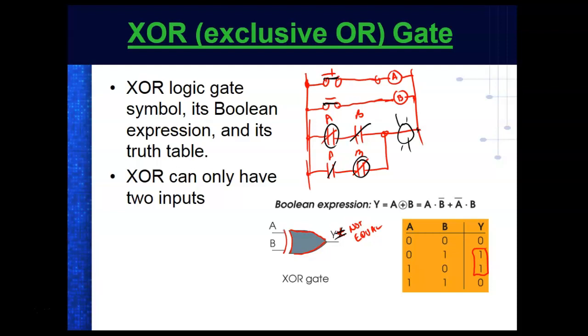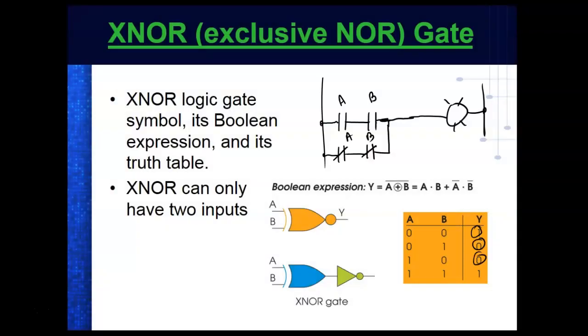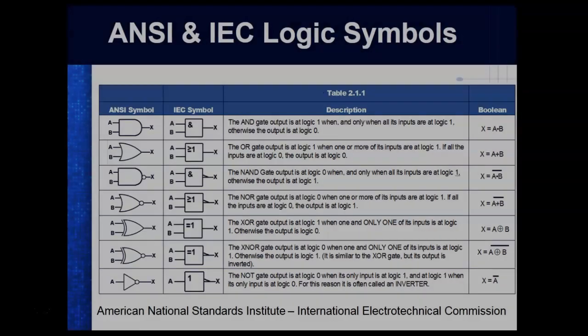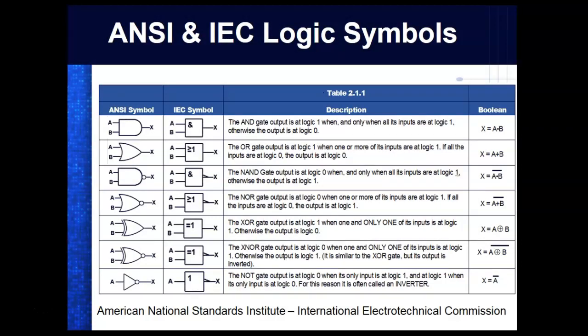An exclusive NOR, we get a 1 when they are equal. So it looks like these two symbols right here are reversed. Here he says we get a 1 if they are equal. Here it says we get a 0 if they're equal. So I think these are reversed.